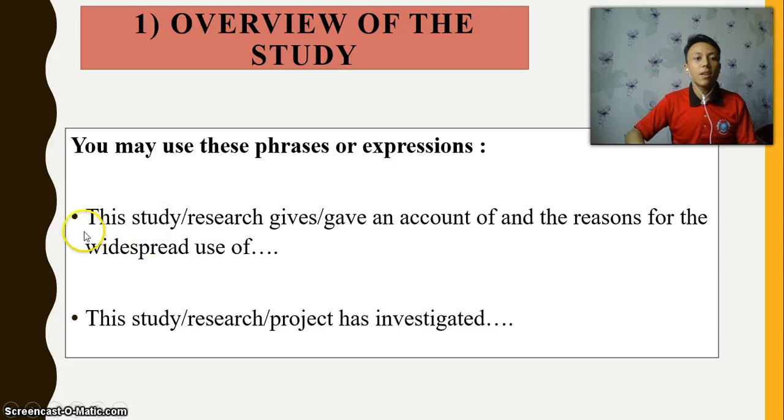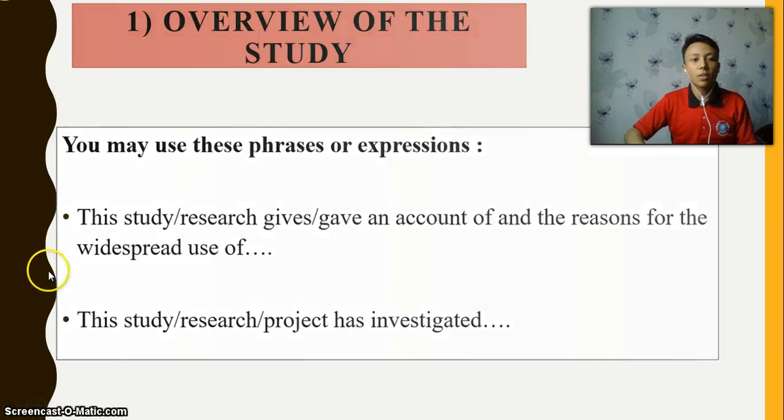So these are a few examples that we might want to use in our conclusion to strengthen our point of what research we are doing right now. For example, this study gives an account of, and the reasons, what is the great use of this study, etc.